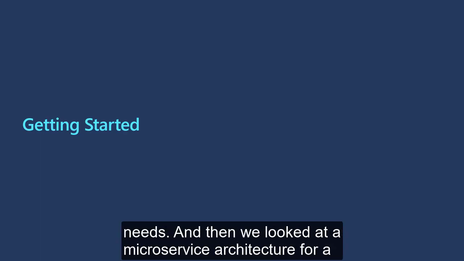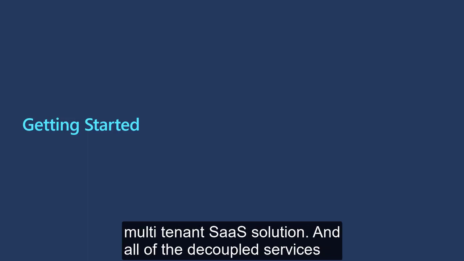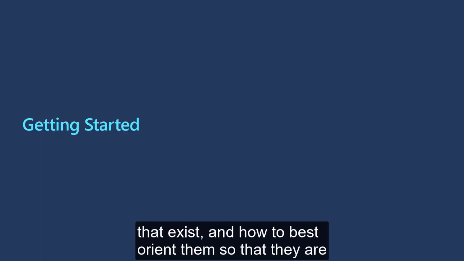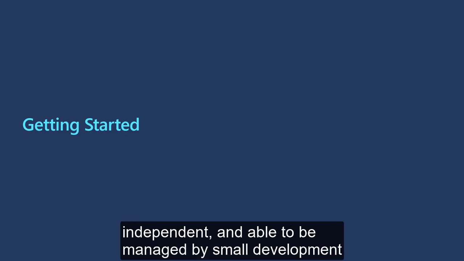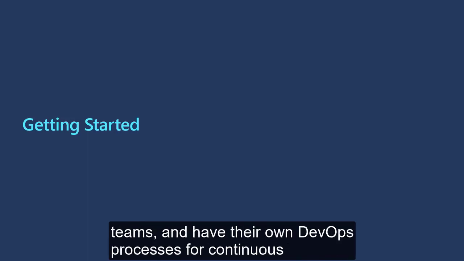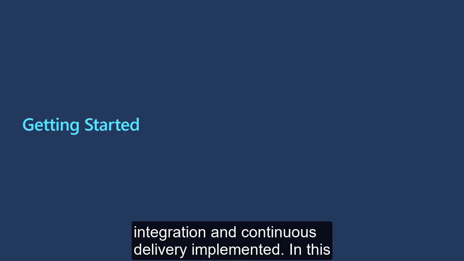And then we looked at a microservice architecture for a multi-tenant SaaS solution and all of the decoupled services that exist and how to best orient them so that they are independent and able to be managed by small development teams and have their own DevOps processes for continuous integration and continuous delivery implemented.